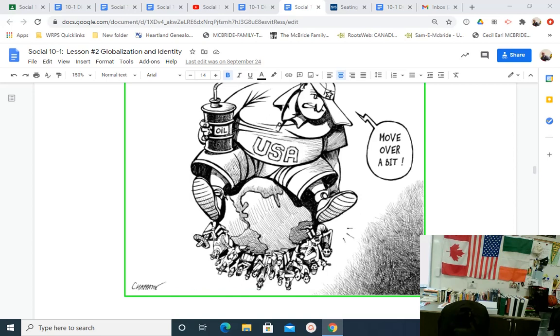So if I was doing an A1 paragraph, I might begin by saying, source 1 is a political cartoon, or just a cartoon. Source 1 is a cartoon, and within the cartoon, we can see one dominant figure, and that is meant to represent the USA, and we know that because they're wearing a t-shirt that is labeled the USA.